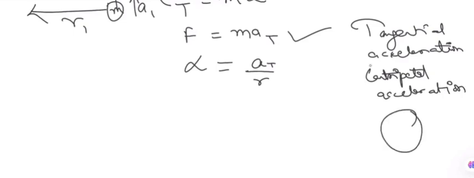Okay. Let me write it for you. Tangential acceleration. And after that, we have centripetal acceleration. Now, centripetal acceleration provides the circular motion, whereas the tangential acceleration keeps it along the radius.